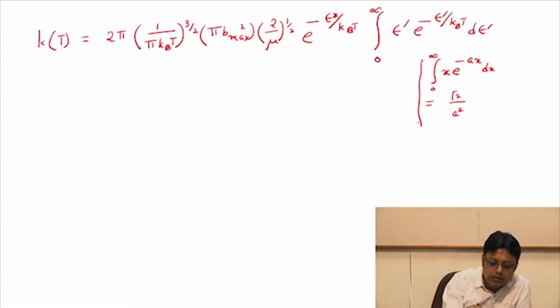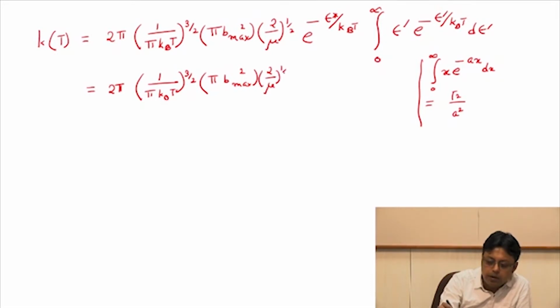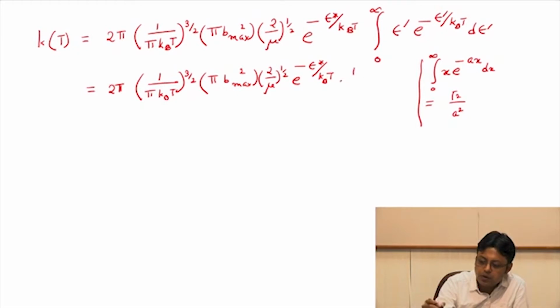So we can write and evaluate. So it is 2 pi, 1 by pi kBt raised to the power 3 by 2. Then I have pi b max squared, 2 by mu to the power half, e to the power minus epsilon star by kBt, times the value of this integral, which is 1 over a to the power a square.